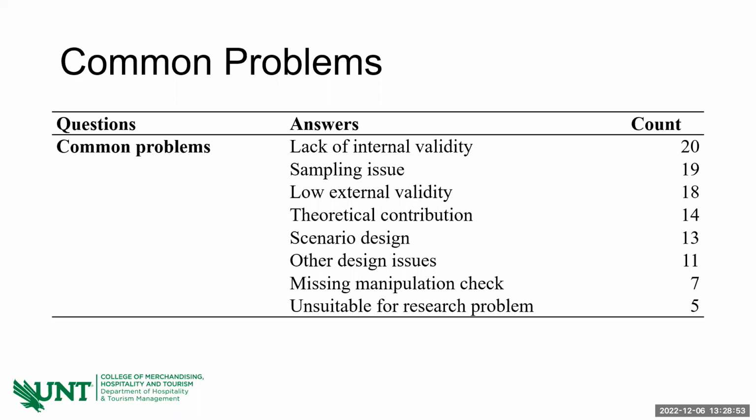Theoretical contribution is also something they mentioned, because they think that sometimes you are doing an experiment for the sake of the experiment. You have to look at your research question and decide if an experimental design is the best for this research question.